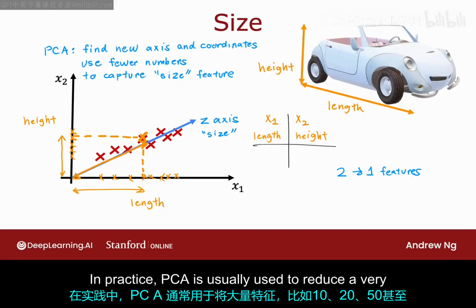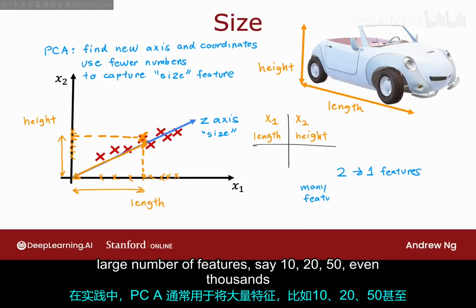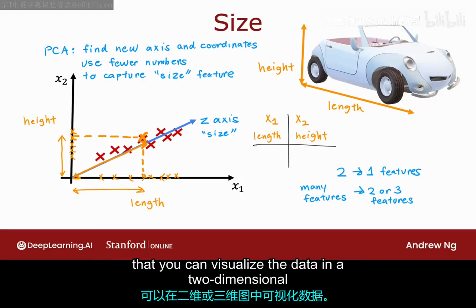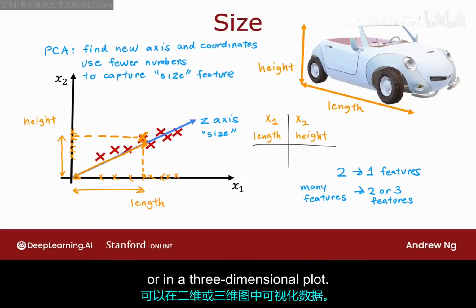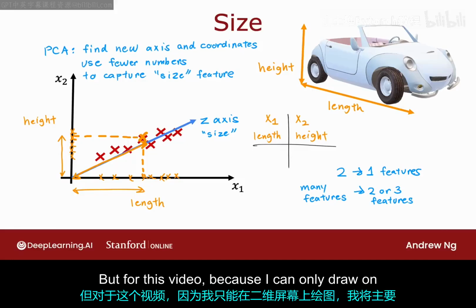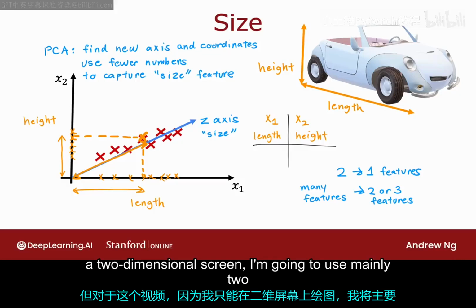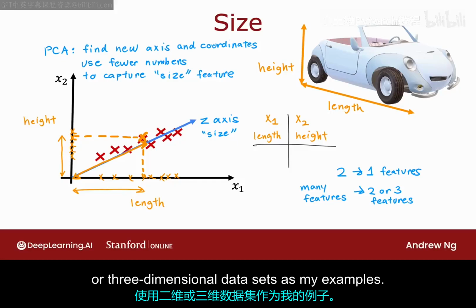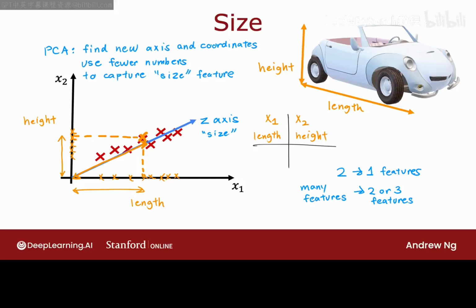In practice, PCA is usually used to reduce a very large number of features, say 10, 20, 50, even thousands of features, down to maybe 2 or 3 features, so that you can visualize the data in a 2-dimensional or in a 3-dimensional plot. But for this video, because I can only draw on a 2-dimensional screen, I'm going to use mainly 2 or 3-dimensional datasets as my examples.